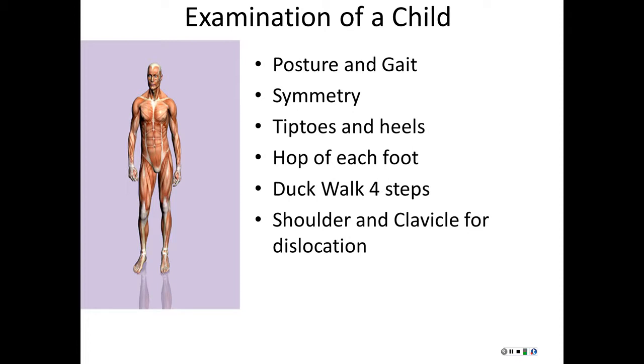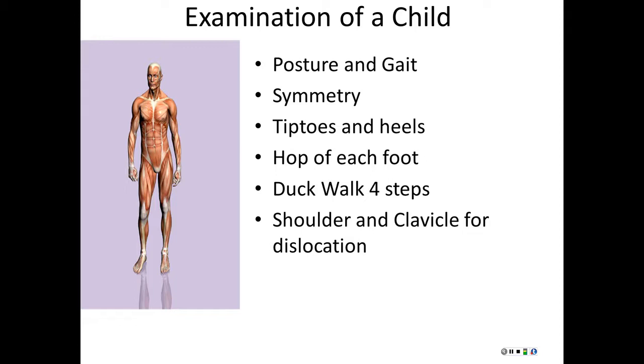You want to see if they're able to duck walk 4 steps, on a child that's able to squat down like a duck and then walk in that squatted position, and that's called a duck walk. And you want to see if they're able to at least go 4 steps.